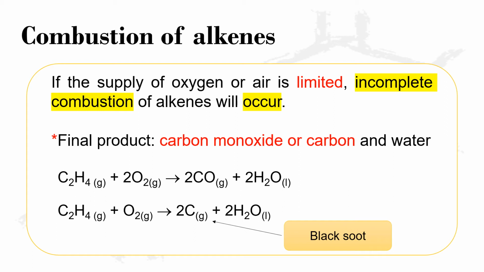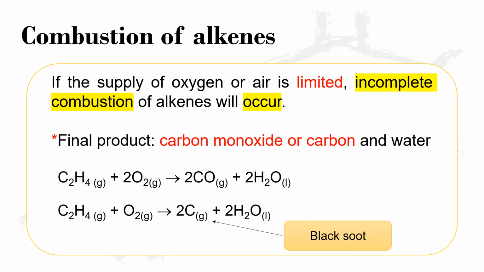How about the combustion of alkenes where the oxygen is limited, is inadequate? Okay, so if the supply of oxygen or air is limited, incomplete combustion of alkenes will occur. So there will be minor changes in the final product.